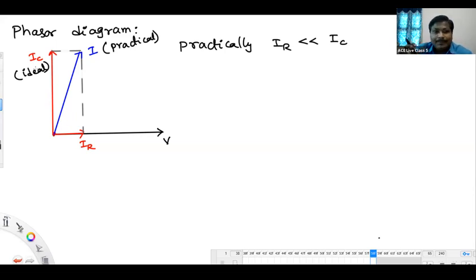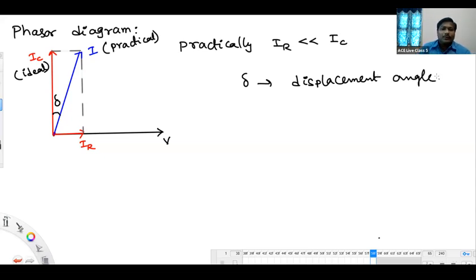Whatever the angle gap between these two, I am naming it delta, and delta is called the displacement angle. Okay, let's move.